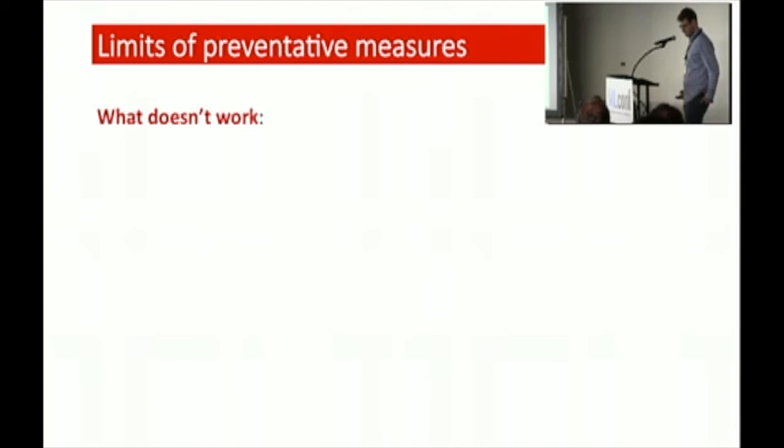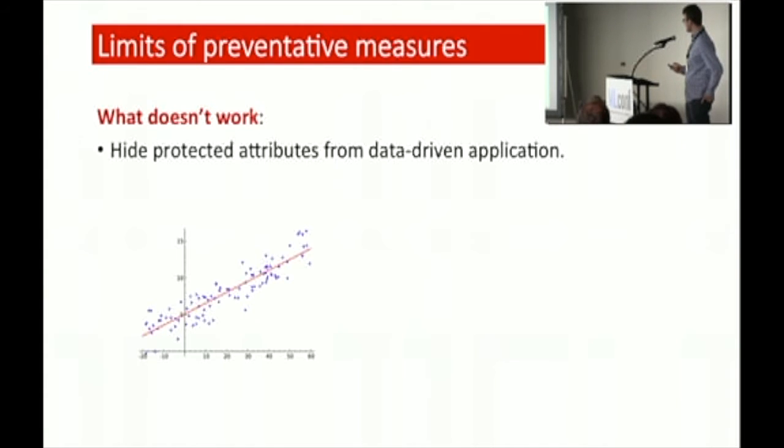So you could think of how can we make sure that an algorithm will not suddenly assign different prices to people depending on gender or race or whatever. So this is kind of a correlation problem. And one thing you could do is just say, I'm just not going to let my algorithm use gender. And as was previously mentioned, this might not work.